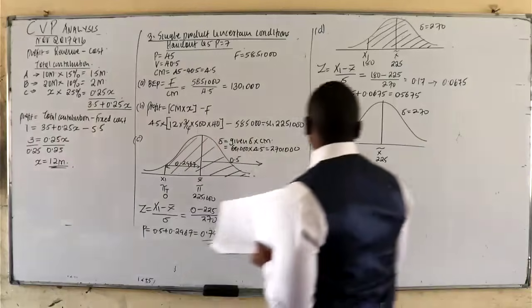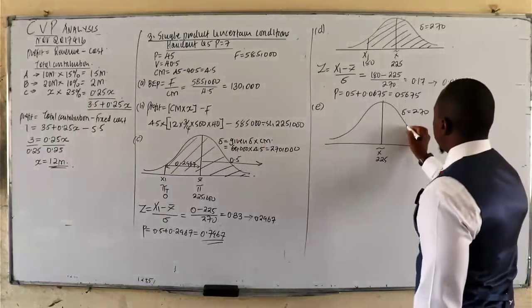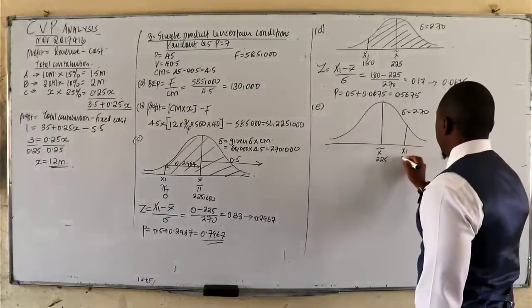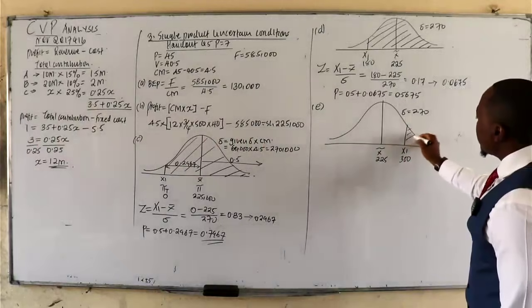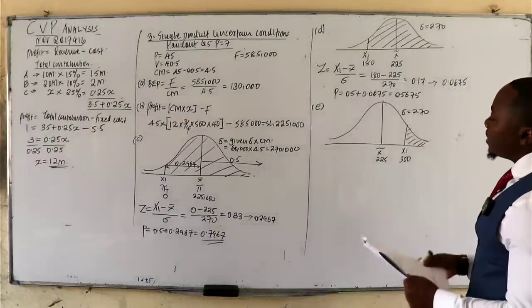Now 300 is above the average, so let X1 be here, 300. At least 300 means it must be more than 300, so you shade the region of interest.